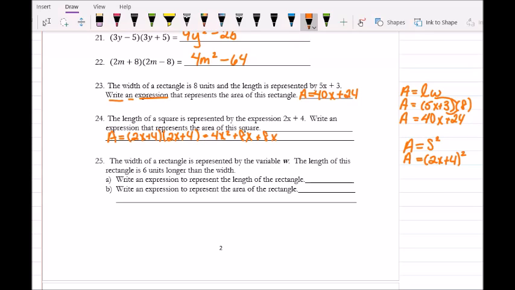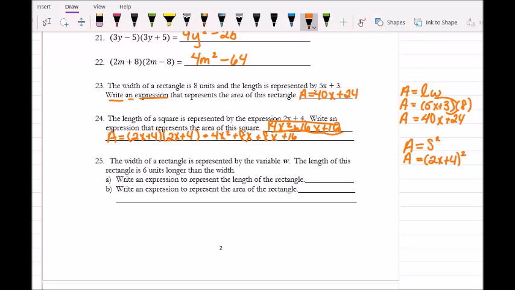And last, 4 times 4 is 16. Finally, because we do have two of the same terms here, we can put those together. So the final answer is 4x squared plus 16x plus 16. Box that off there. And again, it just said to write an expression, so we're not trying to solve anything right now.